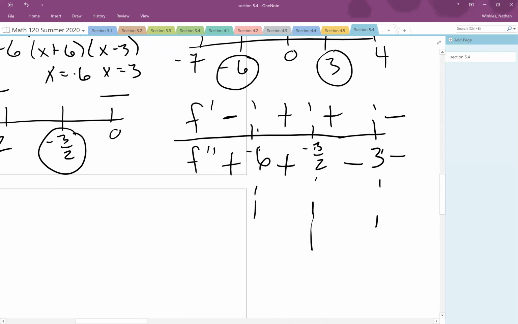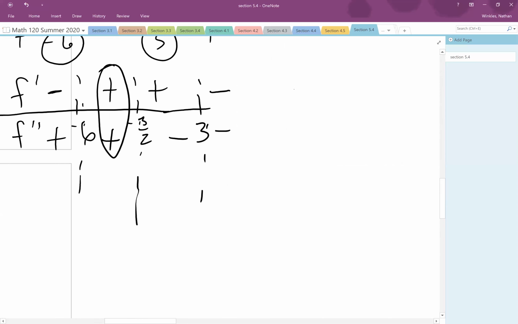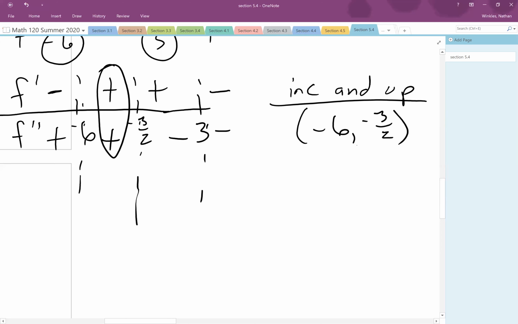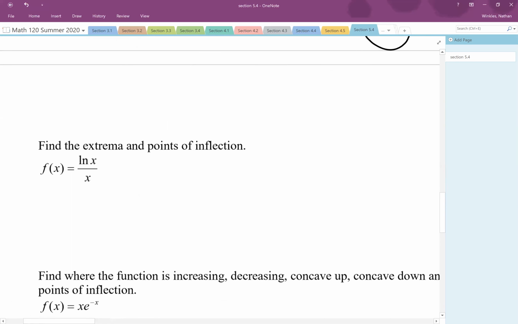Up and increasing only happens in one spot. So increasing and up means negative 6 to negative 3 over 2. So like I said, nothing new in this section, just putting everything together.